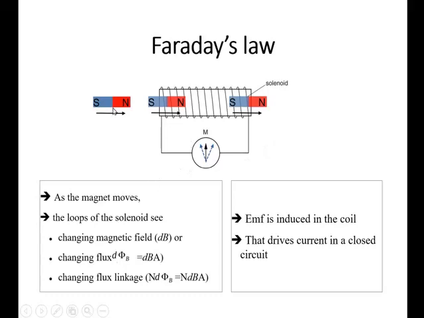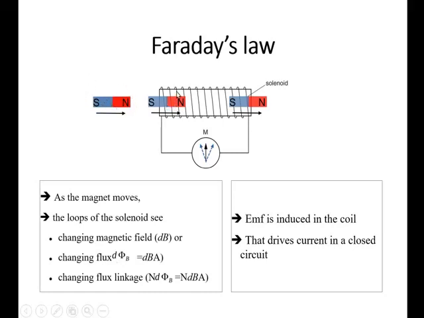And how do we explain this observation? Now, we see the magnet entering and going out of the solenoid. As the magnet moves, the loops of the solenoid see a changing magnetic field. So you see, this magnet has a magnetic field around it, and the magnetic field around it is not uniform.